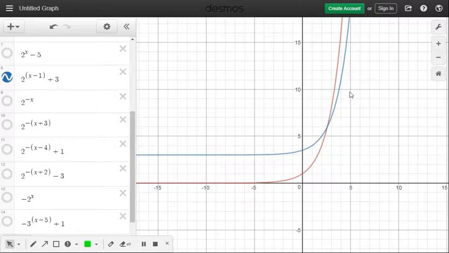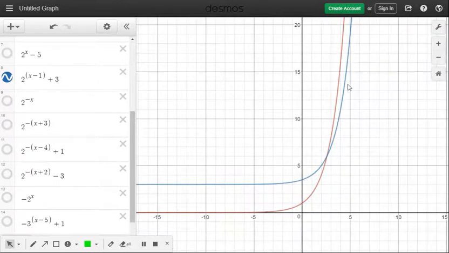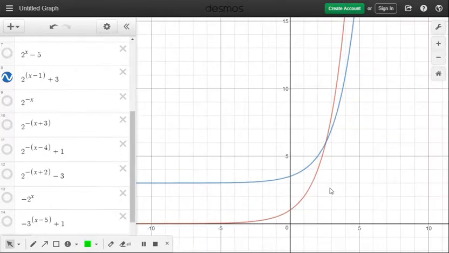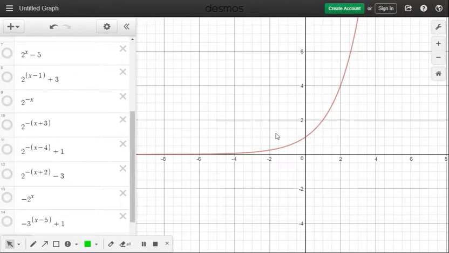Now, if I move up a bit, you see that the graph did move to the right. You can't see it well, but if we compare it with coordinate points, then we can see the difference. So again, 2 to the power of x minus 1 means moving 1 unit to the right, and then plus 3 means 3 units up. So that's pretty much about translations: up, down, left, right.